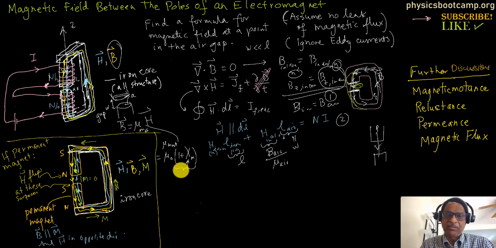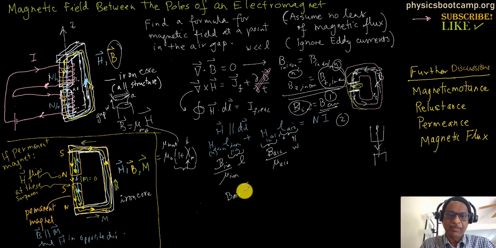Depends on material. Some materials don't have very much, but iron would have a large chi m. Okay, so now this is going to be B in iron over mu of iron, and so if I want this, and B of iron is B of air, L of this whole thing over mu.